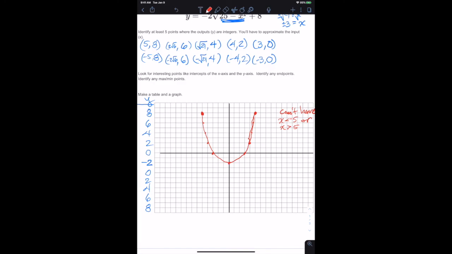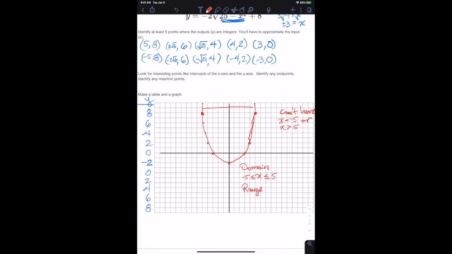So let's plot the domain, shall we? Domain is all real numbers of x such that x is greater than or equal to -5, and x is less than or equal to 5. See, that bounds the domain right there from here to here. And there are valid x values all the way from -5 to 5. And that works. Let's talk about the range.